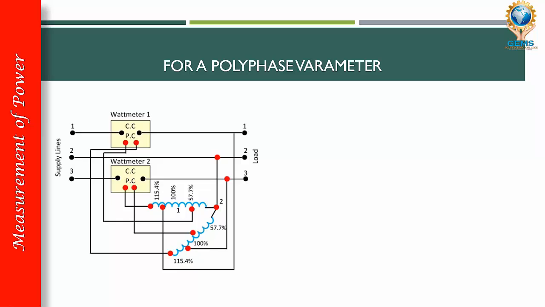The current coils are connected in series for both the wattmeters, and the potential or pressure coils are connected to the common terminals.